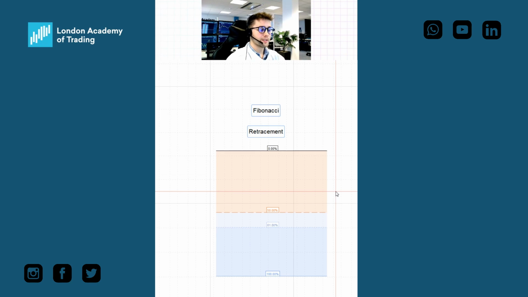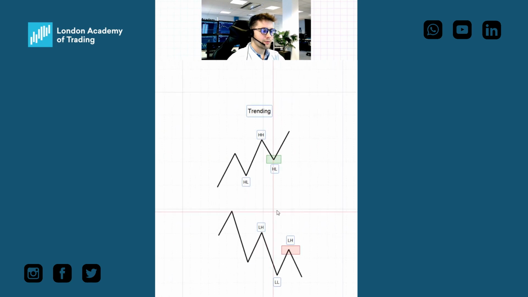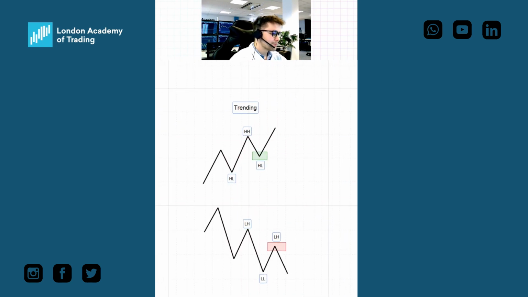We've got a 50% and we have got a 61.8%. What these are telling us is that if we are looking at a trending market, the extension of a prior move up is going to be 100%. So this move up here from the higher low up to the higher high, or from the lower high down to the lower low, this is going to be 100%.